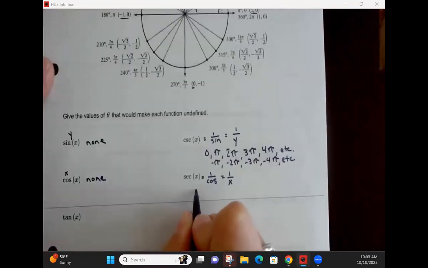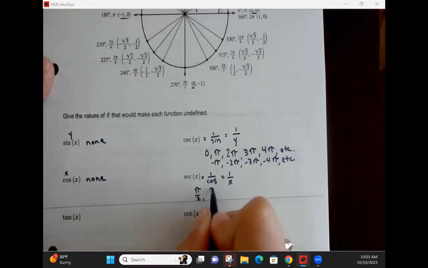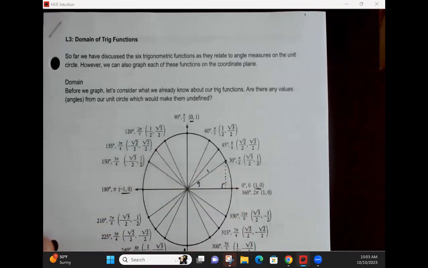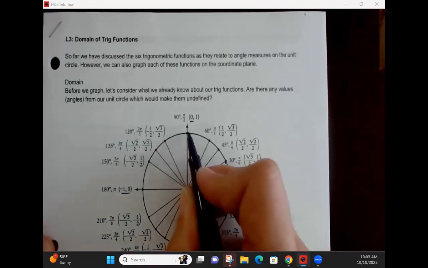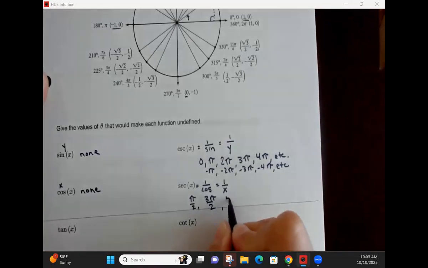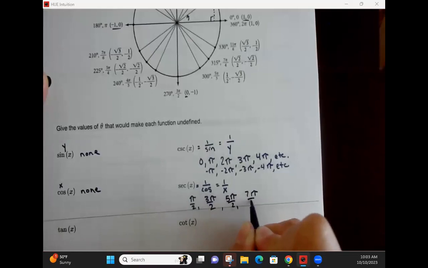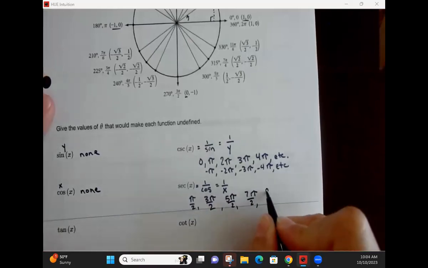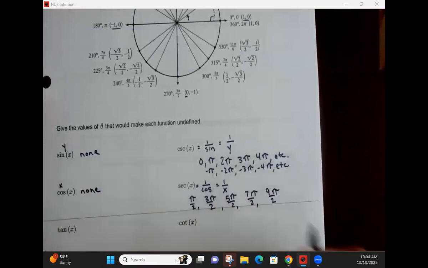So this will be undefined at pi over 2, at 3 pi over 2, and then remember we could keep going. This would be 5 pi over 2 if I go around again, and 7 pi over 2, and 9 pi over 2, round and round and round.